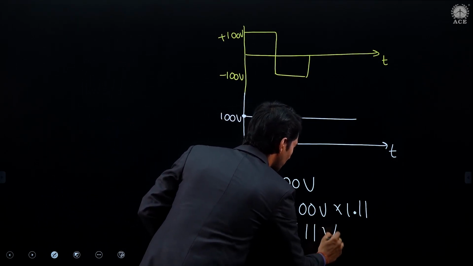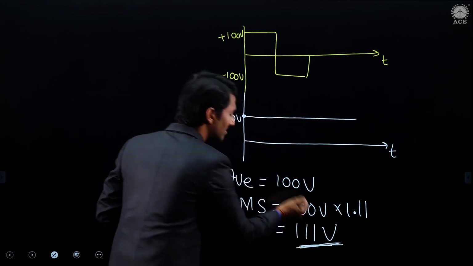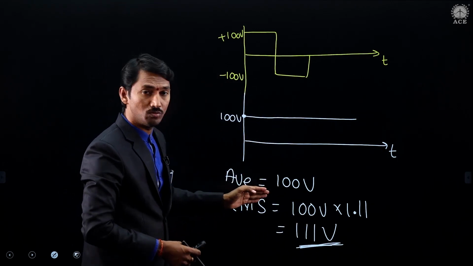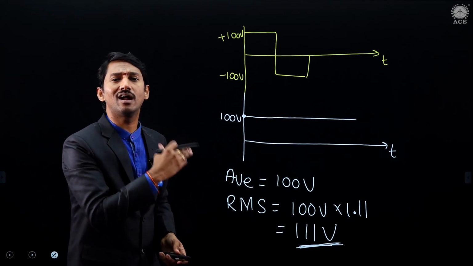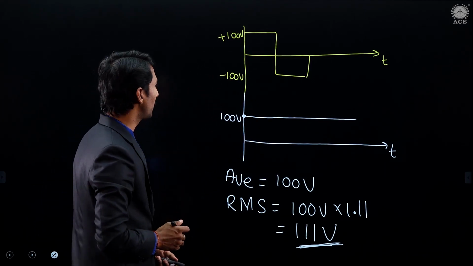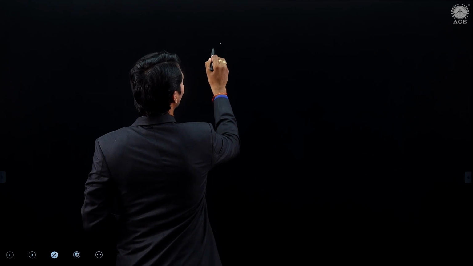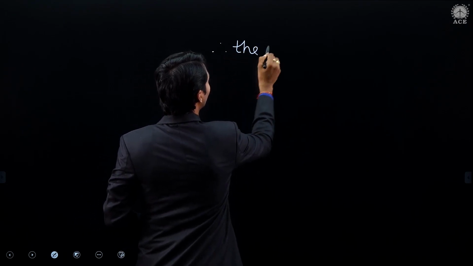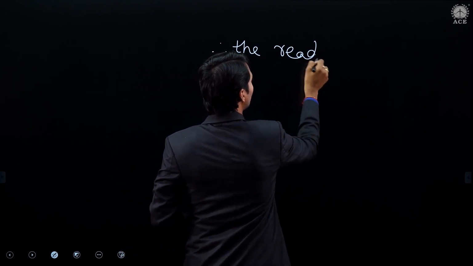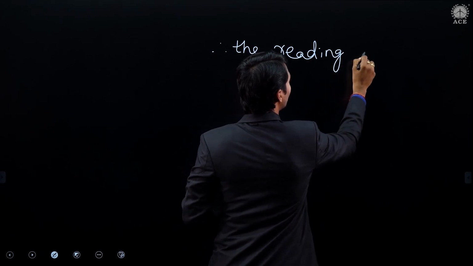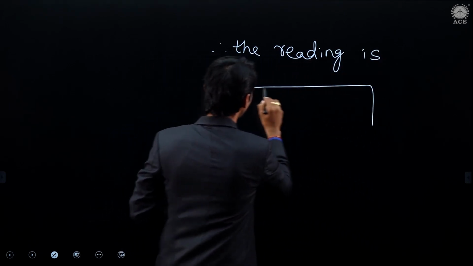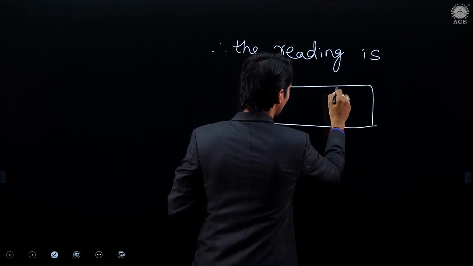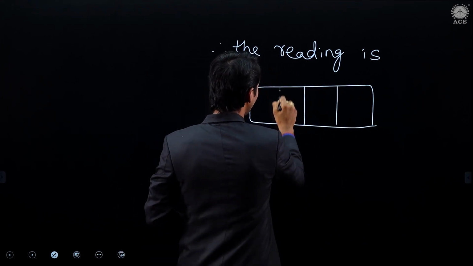111 volt. Right, sir, this 111 volt, how will it be displayed on the corresponding device? Means the 3.5 device. Therefore, here, the reading is, here, this is the device, 3.5 device.